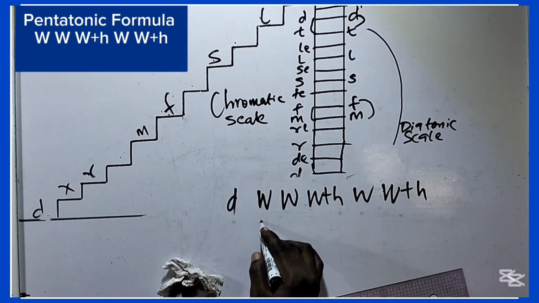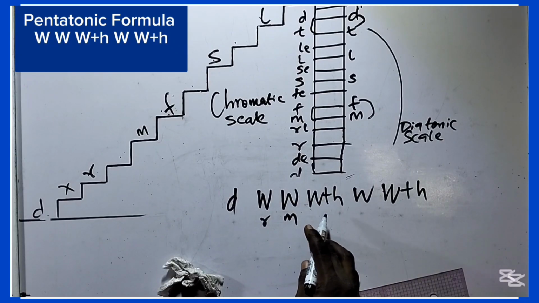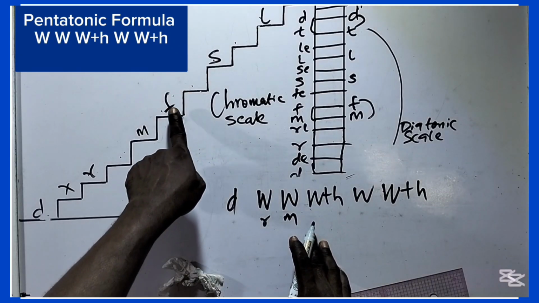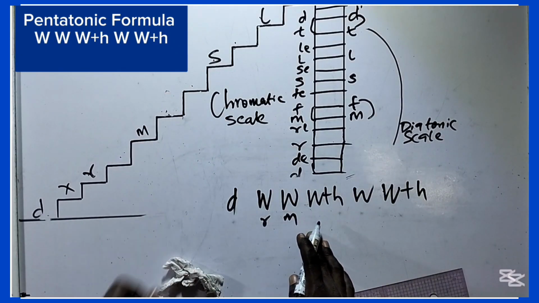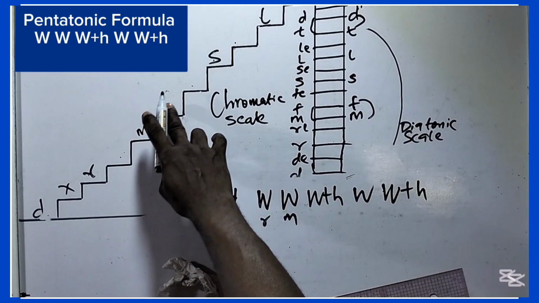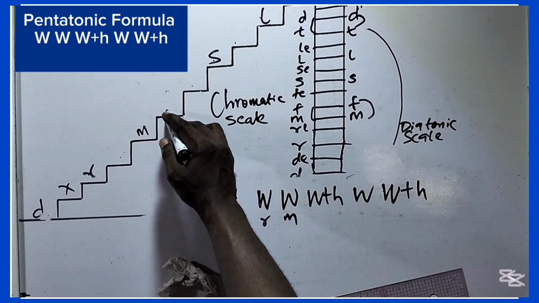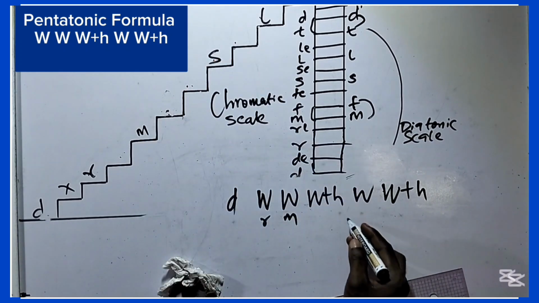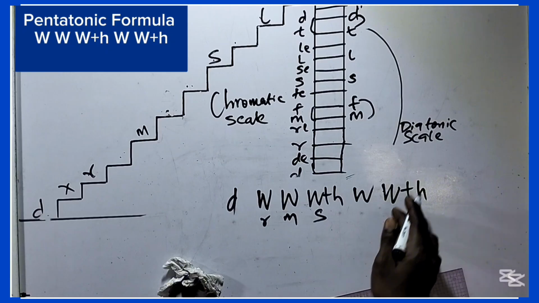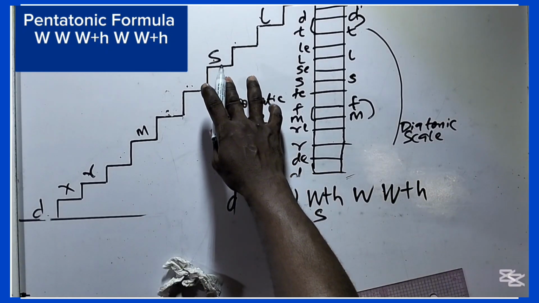For you to get sol from mi, you move tone and half, because there is no fa in pentatonic scale. Do you understand? From mi, this is 1, 2 for the tone, then you count the half.